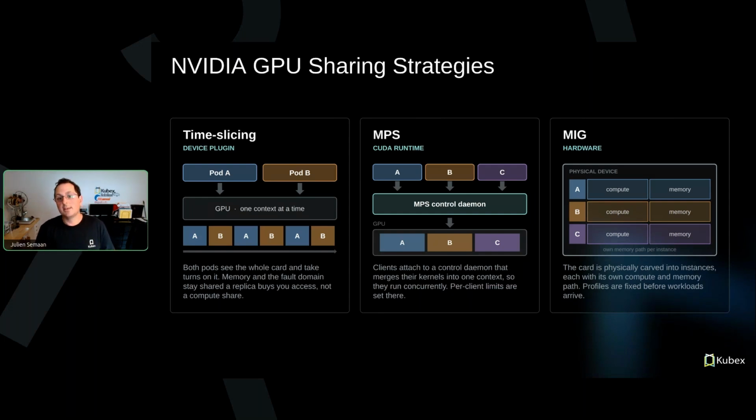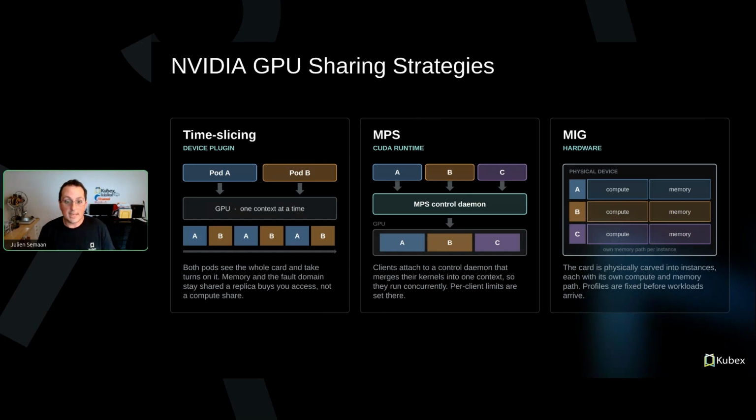With time slicing, several cooks share one single stove. They take turns using it, and nothing prevents a cook from using the stove longer than it should and from taking over all the burners for themselves. There's nothing that is controlling that. So translating that to GPU, a workload gets access to the GPU, but that doesn't guarantee a fixed percentage of compute or memory. It may use more and nothing prevents it from doing so.